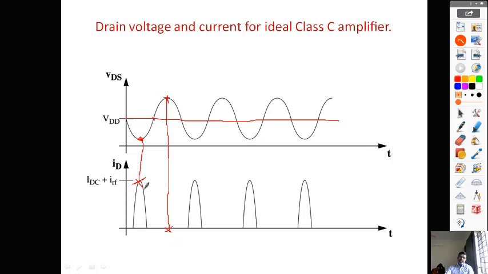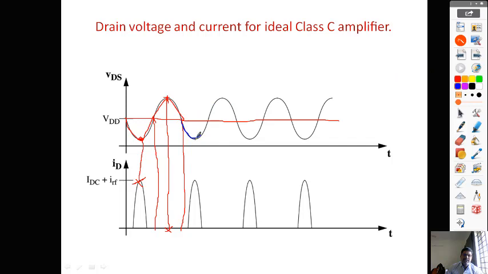And this current flow occurs for less than 180 degrees. This one is 180 degrees. So the output current flows for less than that amount of 180 degrees. Therefore, the conduction angle is less than 180 degrees in a class C power amplifier. Similarly, again it is 0. For the next cycle, this one cycle is over, and for the next cycle the same thing is repeated.